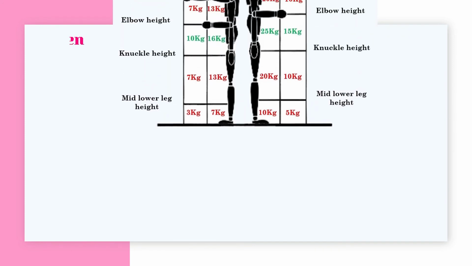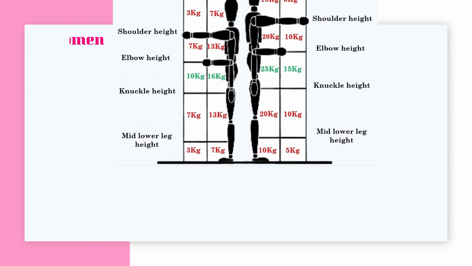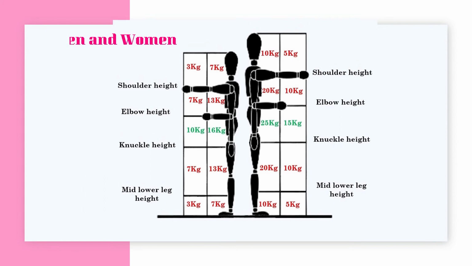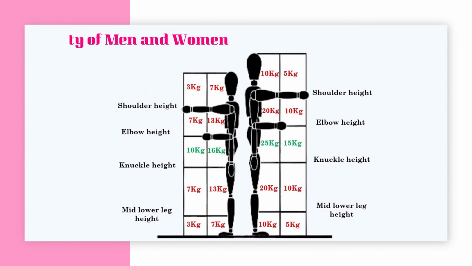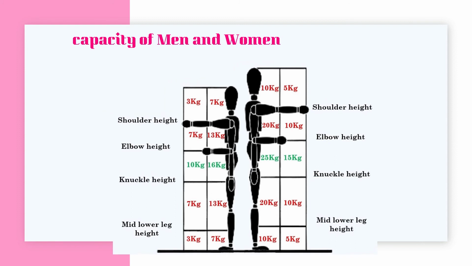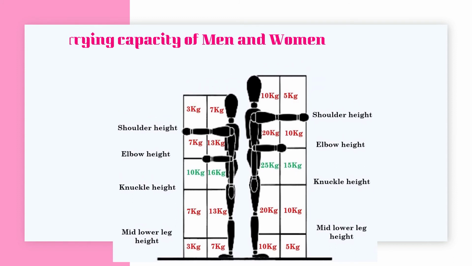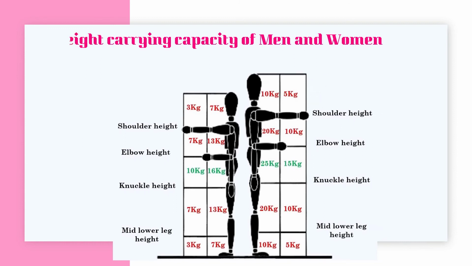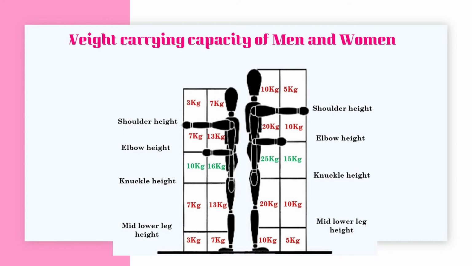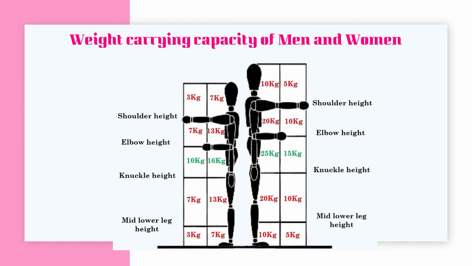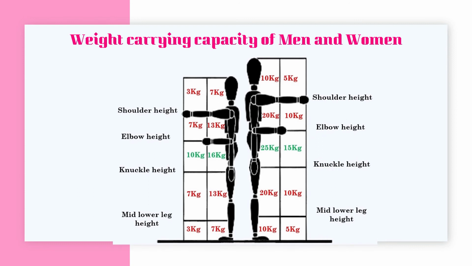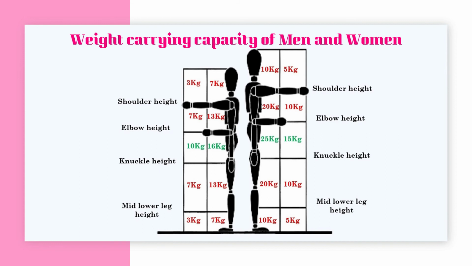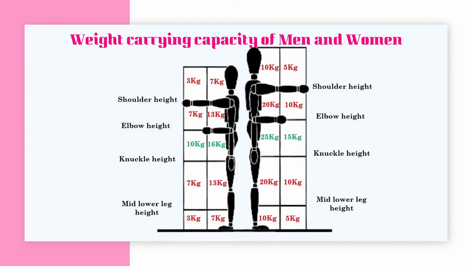Now we have understood what is center of gravity. Now let us look into the weight carrying capacities of men and women. As we have understood, the center of gravity is just below 1 inch of our belly button. As a system, with respect to our body and also the load being handled, the center of gravity of the whole system includes the body, the weight of the body and also the weight of the load.